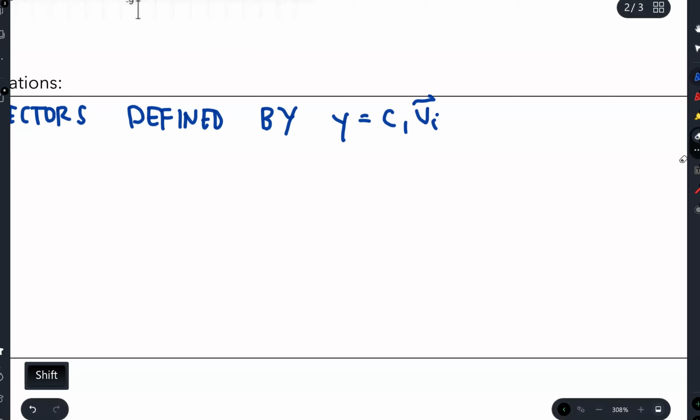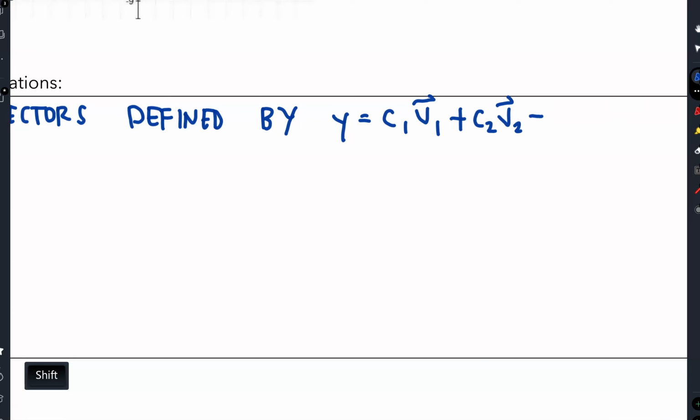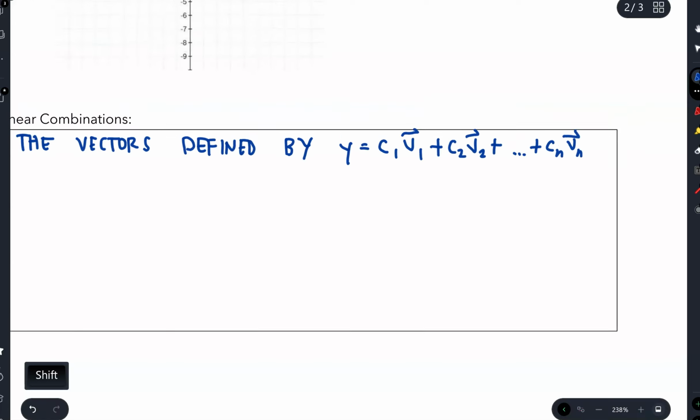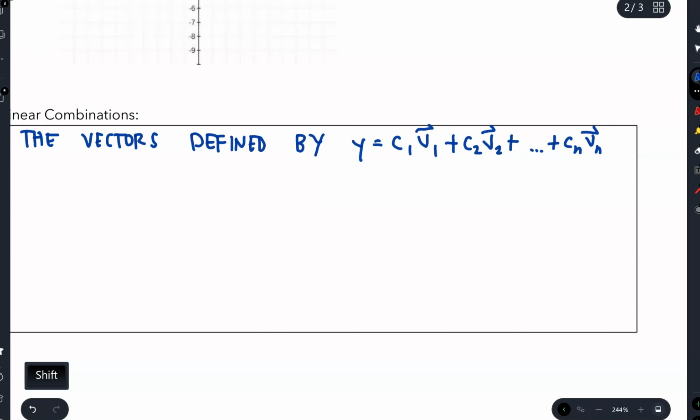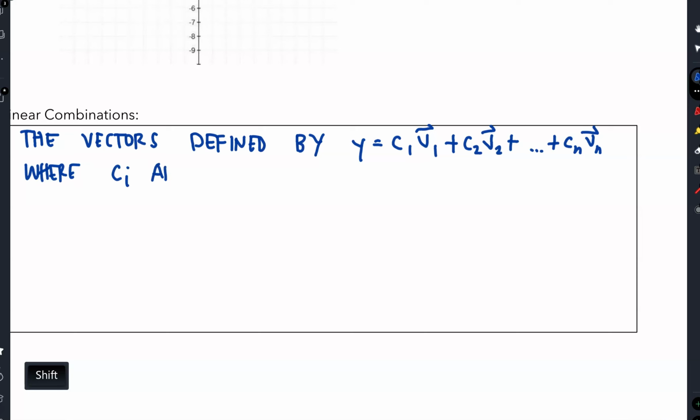That should be a 1, I'm sorry, not an I. Each one of the c's are my scalars, and all of the v's are vectors.